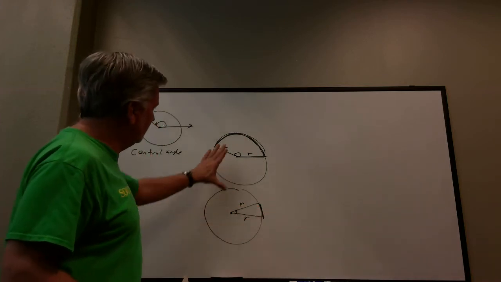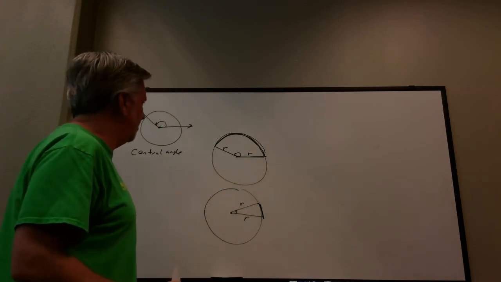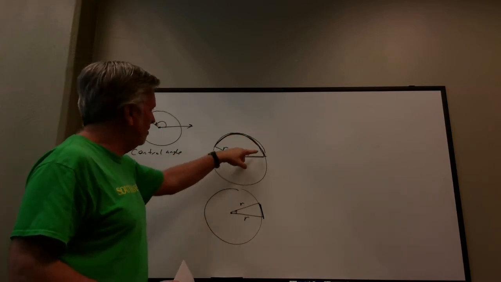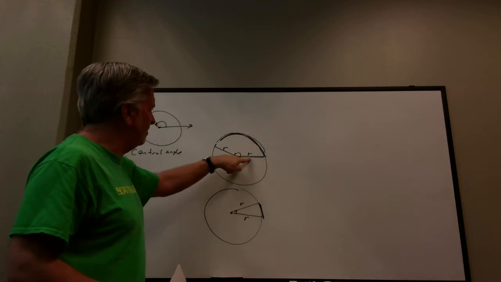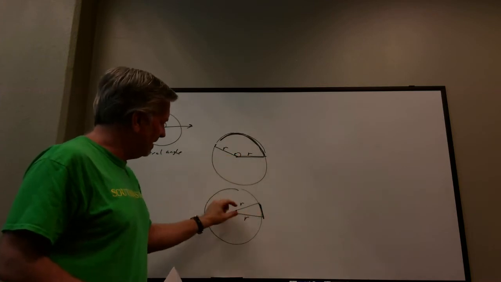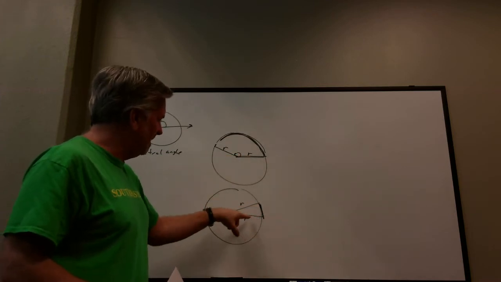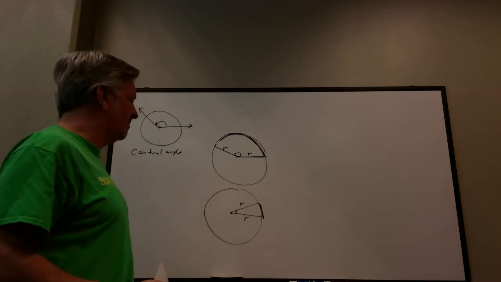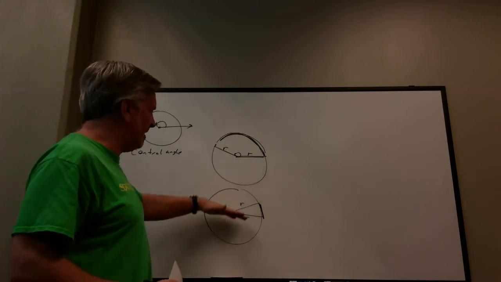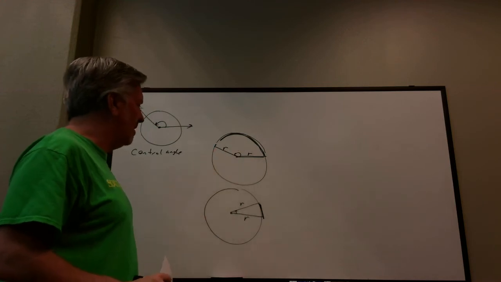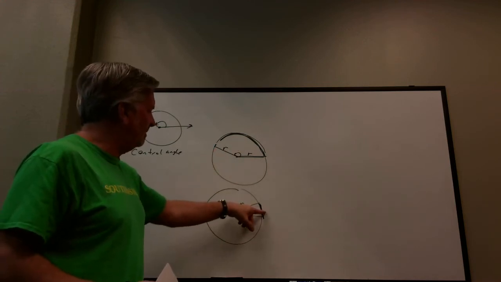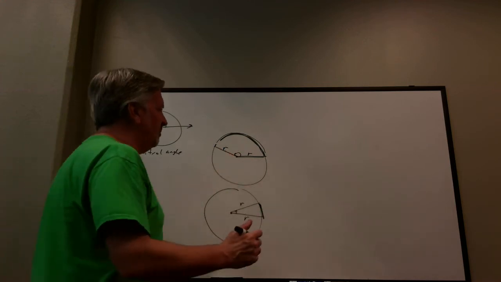So notice I tried to draw the pictures with about the same radii. Here I have an angle where the arc length is bigger than the radius. Here I have a central angle whose intercepted arc length is less than the radius. So somewhere there's an angle in between where the arc length is equal to r, isn't there?